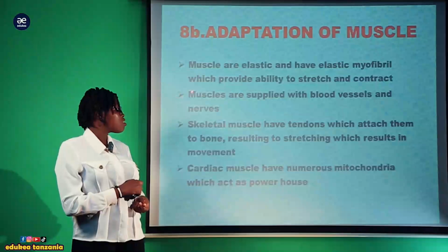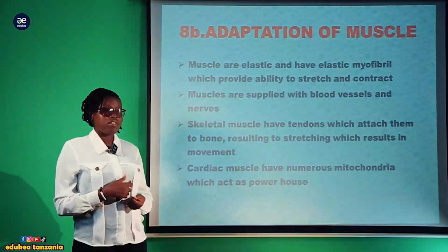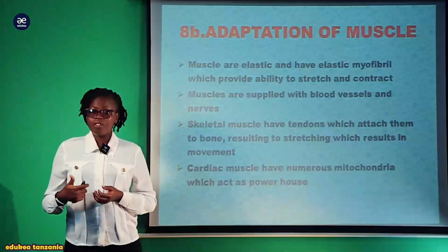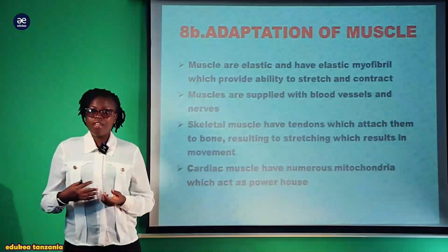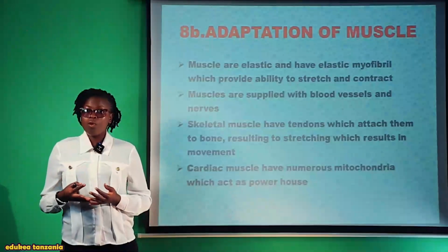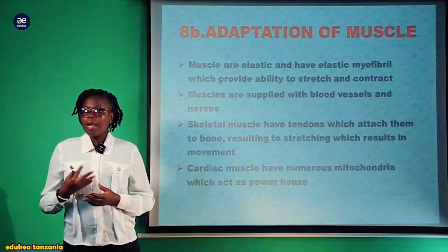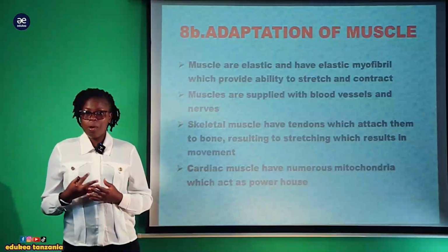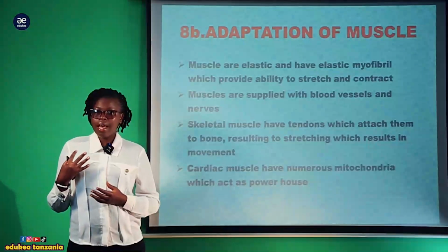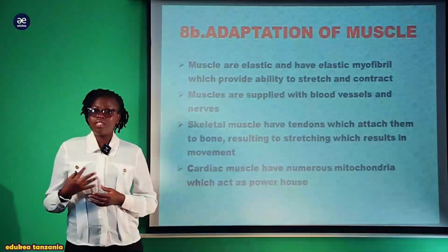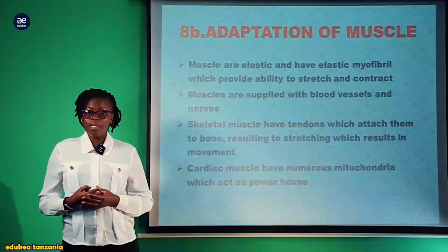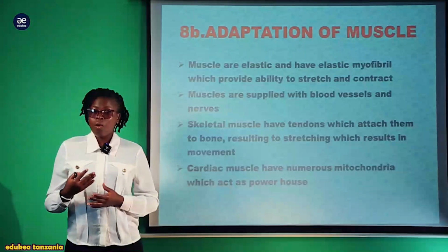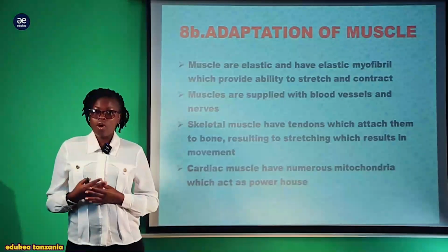So vile vile muscles are supplied with the blood vessels and the nerves. The blood vessel is necessary for the supply of oxygen. Kwa mfano during the gaseous exchange, nasema kwamba within the alveoli or within the lungs where there is high concentration of oxygen, so the oxygen tends to bind with hemoglobin to be transported to the area where there is low amount of oxygen.